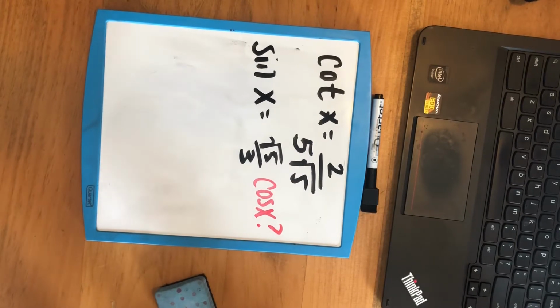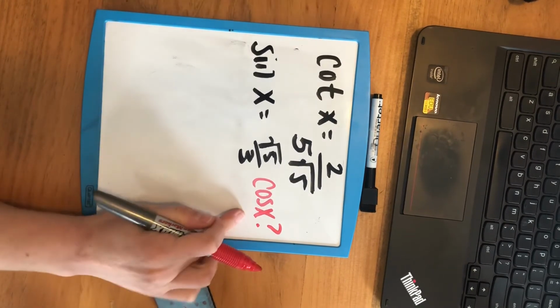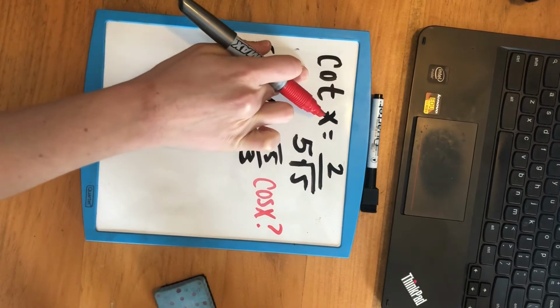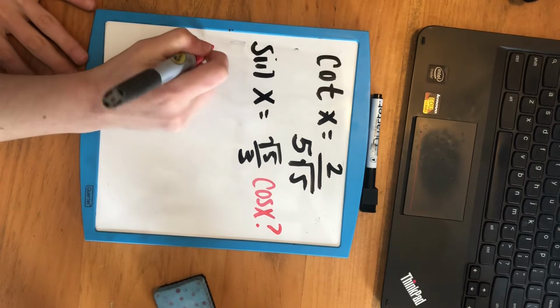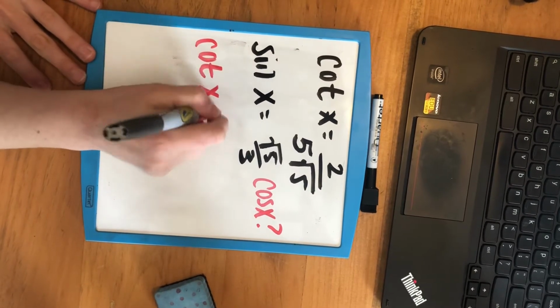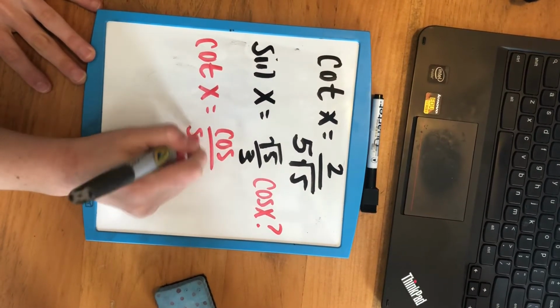Well, what is cosine? Well, we know that cosine and sine and cotangent are all related using our quotient identity. So we know that cotangent of x is equal to cosine over sine.